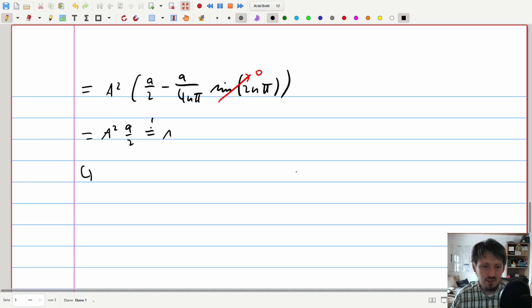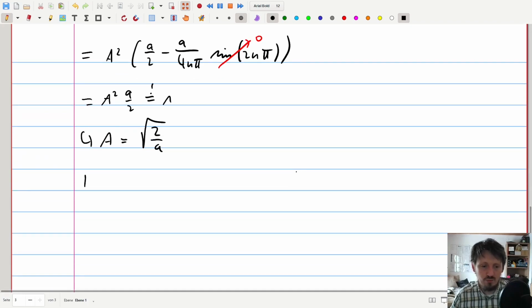And from that we can calculate our constant, which is given as A equal to the square root of 2 divided by a. Yeah, and now the only thing we have to do is insert it into the wave function.